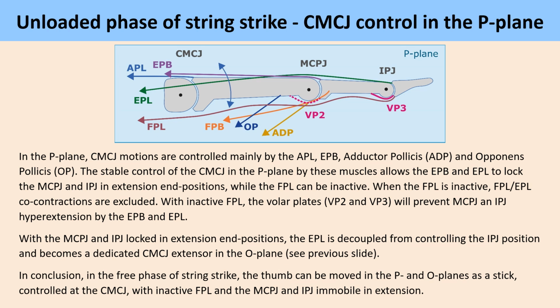See previous slide. In conclusion, in the free phase of string strike, the thumb can be moved in the P and O planes as a stick controlled at the CMC joint with inactive FPL and the MCP and IP joints immobile in extension.